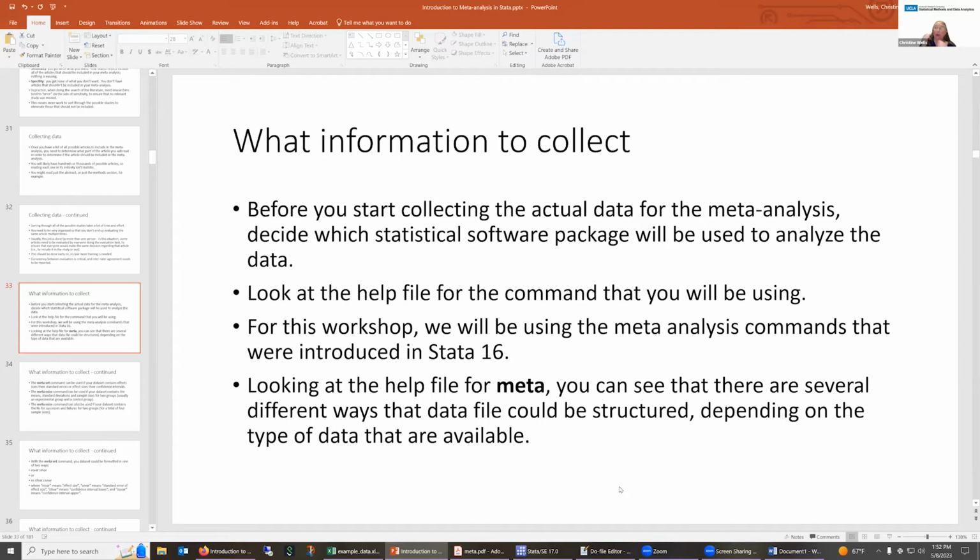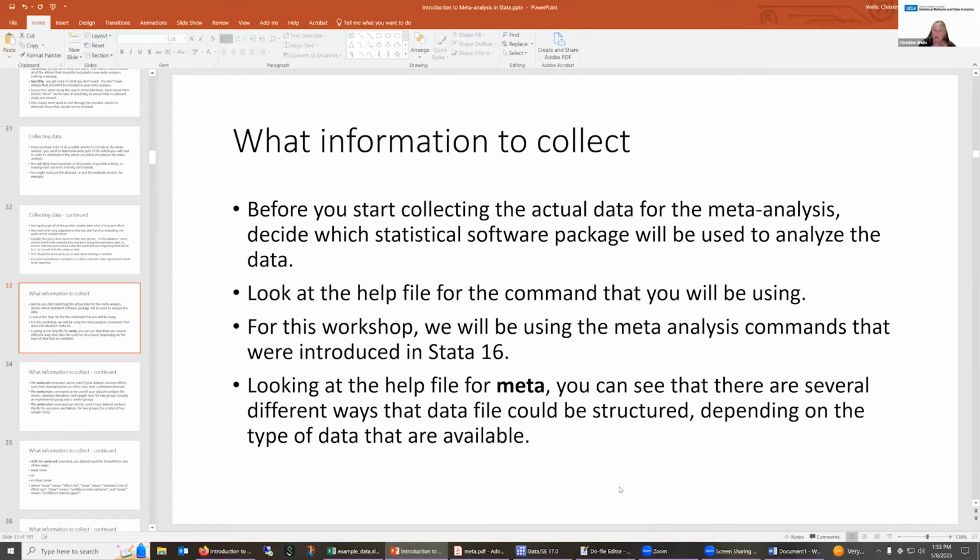And what you'll see is that there's at least half a dozen different ways you could organize your data. You want to be aware of this so that it can inform you as to what you're going to be collecting from your articles. You want to know that before you start collecting data. That's critical. I've had folks come to consulting who hadn't looked at this before and kind of cringed when they saw that, like, oh, got to go back and redo stuff.